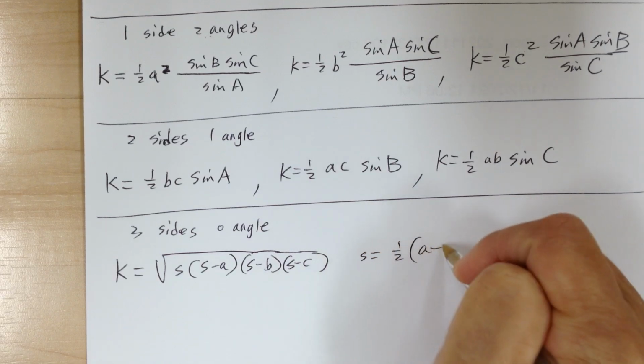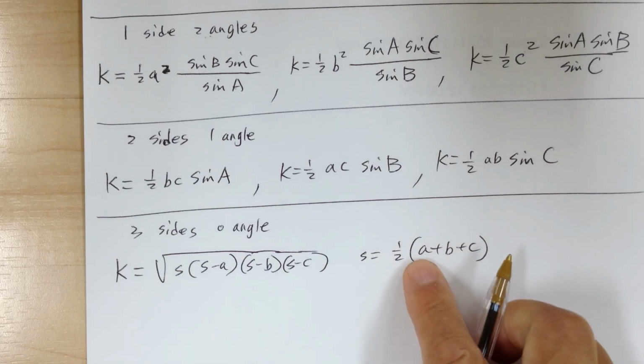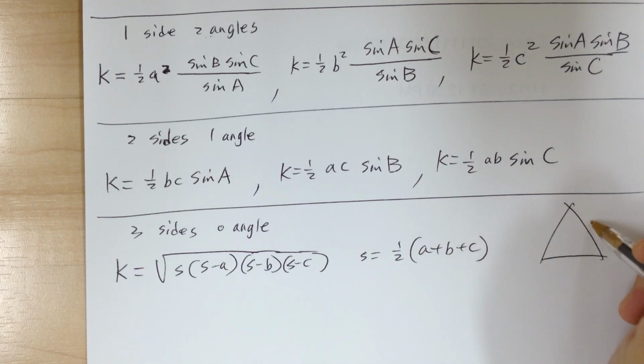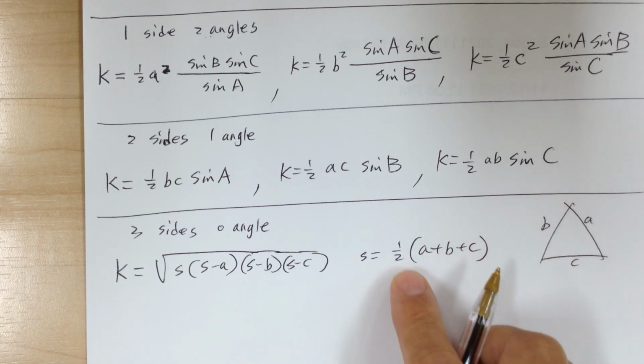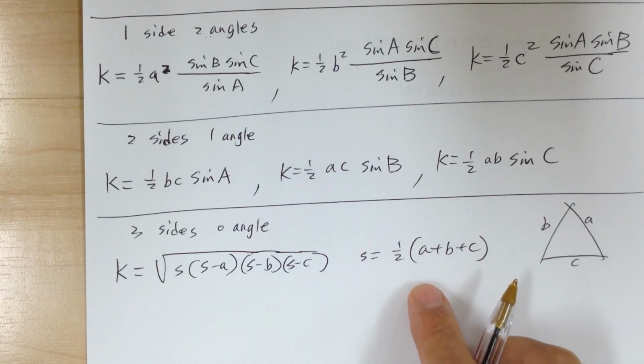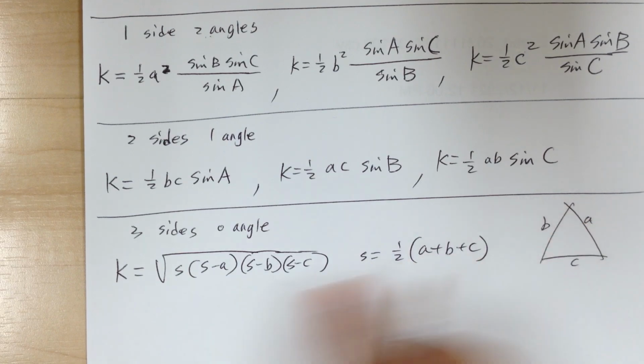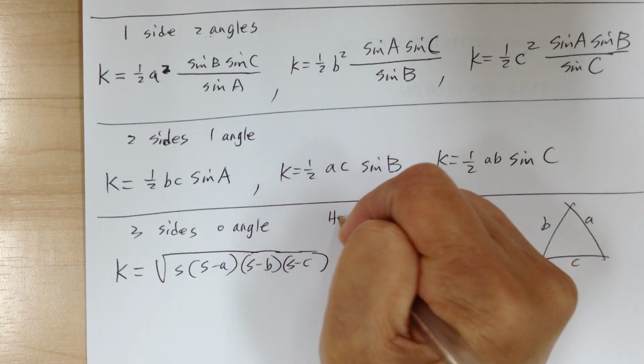So it's 1/2 (A plus B plus C). So when you have a triangle, you have the A, B, C, right? So A plus B plus C is your perimeter, and half of that is the semi-perimeter. So S is half of the perimeter, and that's your formula. So this is called Heron's formula.